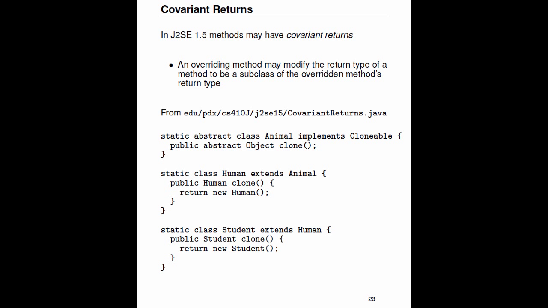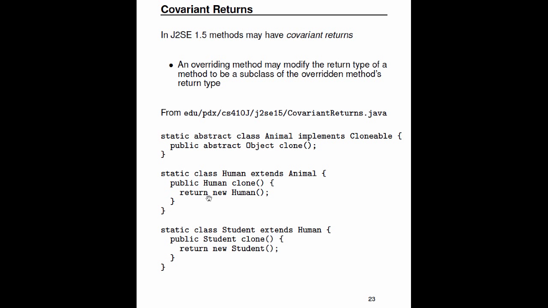Well, what covariant returns allow you to do is the following. Let's say I've got an Animal that implements Cloneable, and its clone method returns Object. Well, I can subclass Animal into Human. I can implement a clone method on Human, and because of covariant returns, the return type of the clone method can be Human, not Object. And the compiler is totally cool with this.